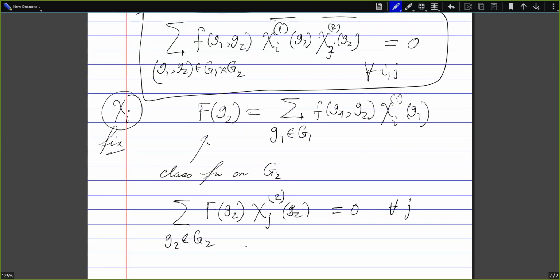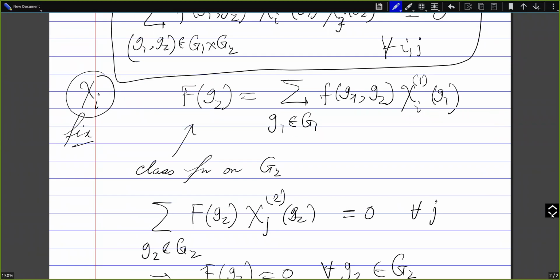Since chi_j forms an orthogonal basis of the set of all class functions on G2, it follows that f_i(g2) is 0 for every g2 in G2.